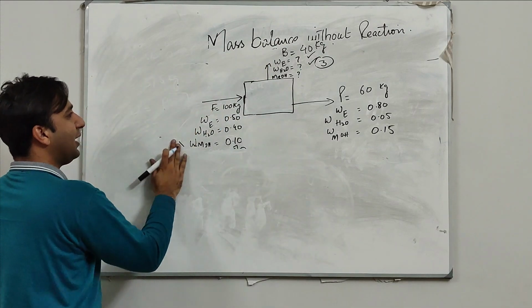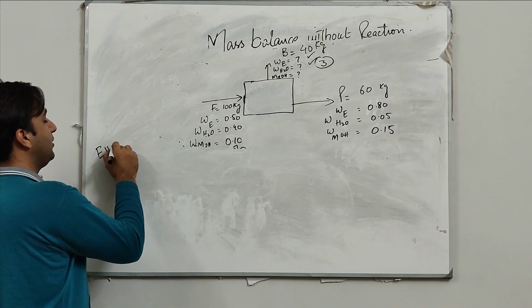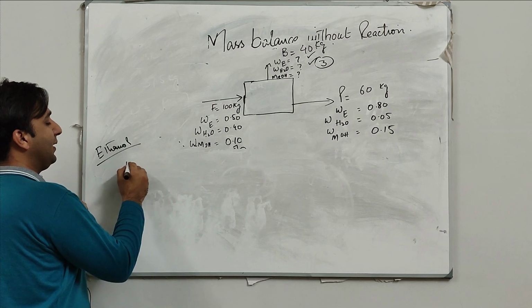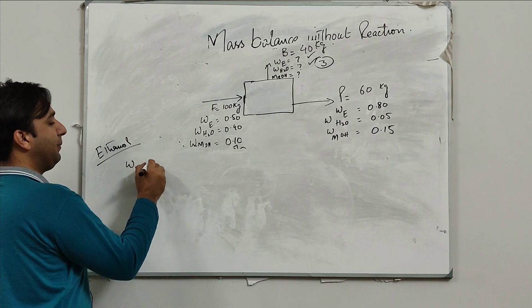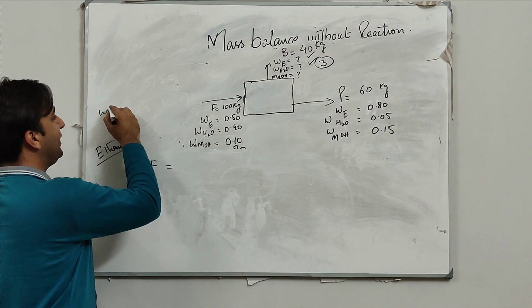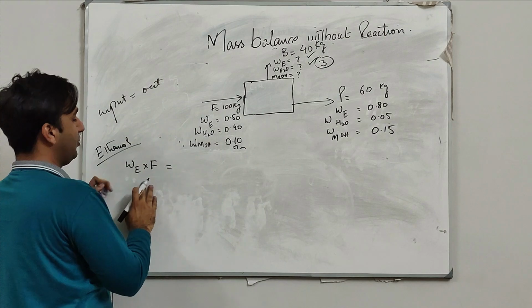So we will start by applying the ethanol balance. The weight fraction of ethanol multiplied by F is equal to, and our equation is input equals output.